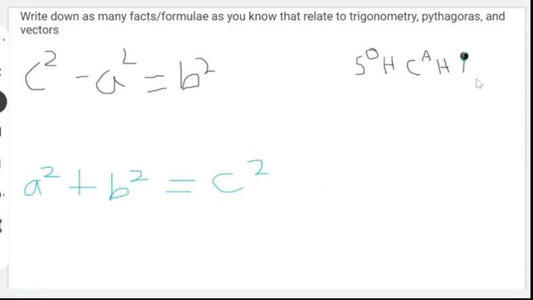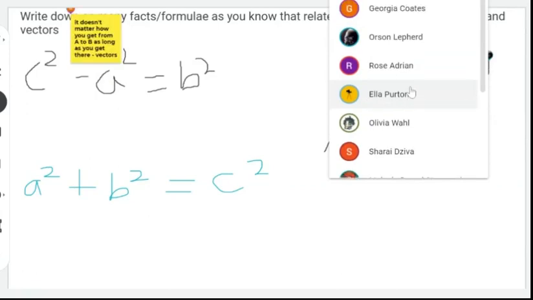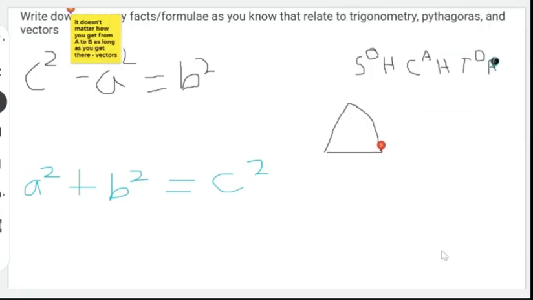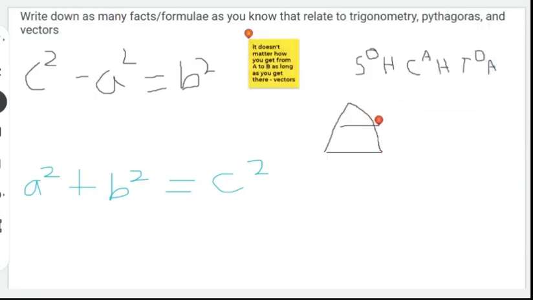Yes. Someone's putting Toa. Good stuff. Nice. Oh, yes. It doesn't matter how you get from A to B as long as you get there. Yes. Vectors. Love it.